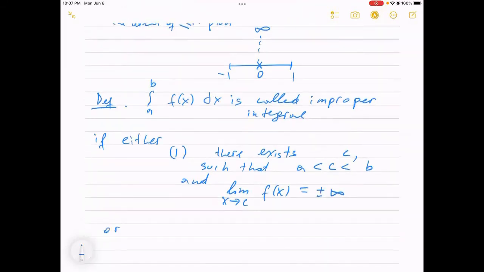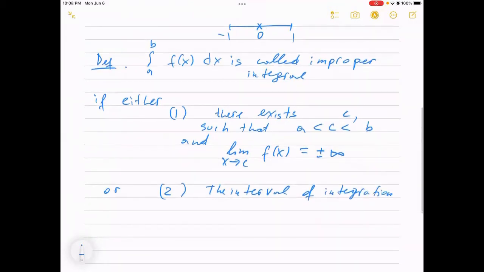Or the second possibility is that the interval of integration is going to look like a to plus infinity, or negative infinity to a, or negative infinity to positive infinity. Okay. So those are two types of improper integrals.